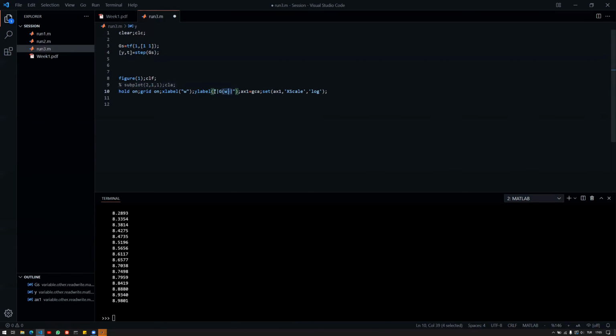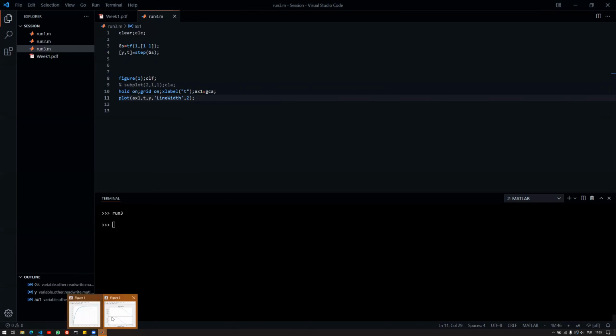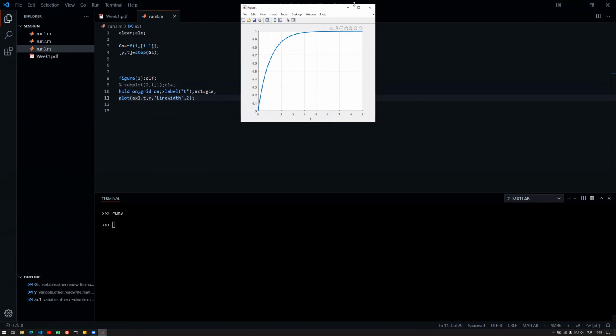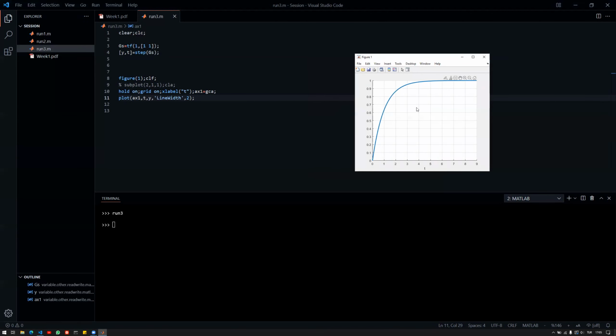We don't even need any y label. Let's say that this is t. Now I'm going to plot on AX1 t comma y, line width 2, and that's it. So this is the step function. It calculates the step response of G(s).